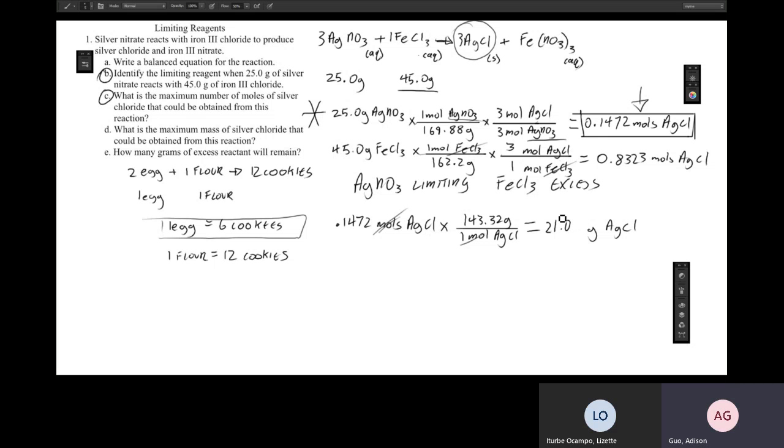Well, I'll just go ahead and round it early. 21.1 grams of silver chloride. Okay. So that was fairly straightforward. We just found how many grams we had in terms of moles. Next, it asks us how many grams of excess reactant will remain. This is a little bit more complicated.